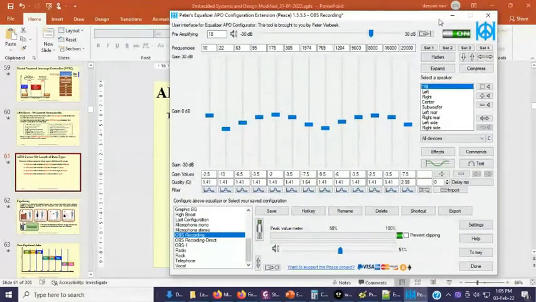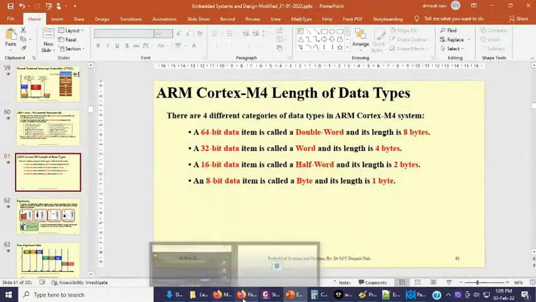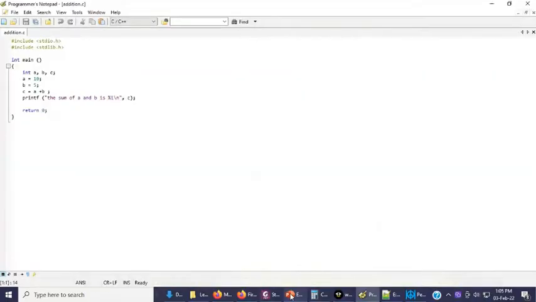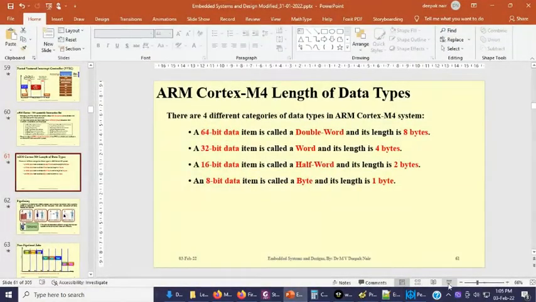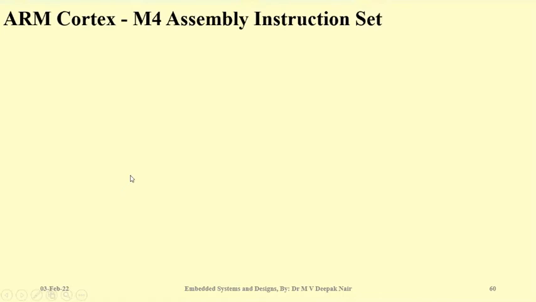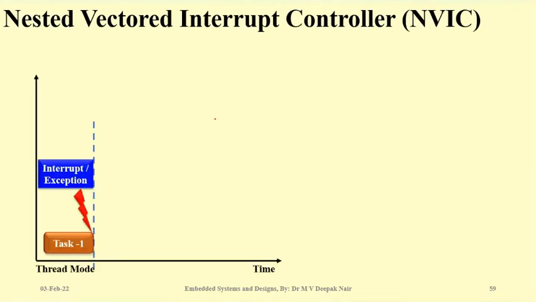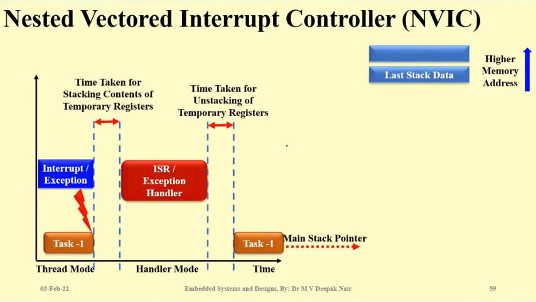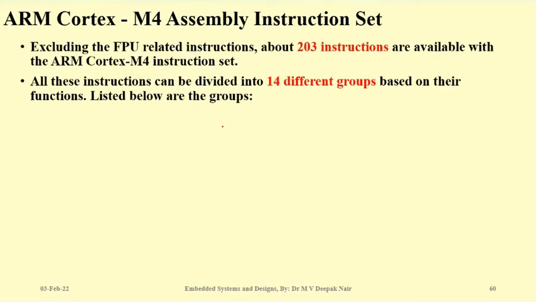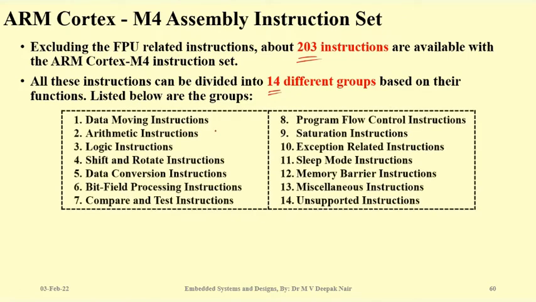Okay, done. I was talking about this slide. We discussed all the NVIC related things in the previous class. Apart from that, I was showing this PPT in which I told you that there are 203 instructions in the ARM Cortex M4 instruction set, in 14 different groups.